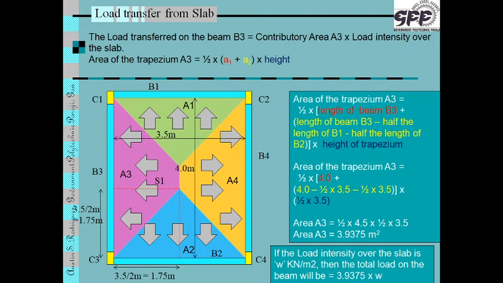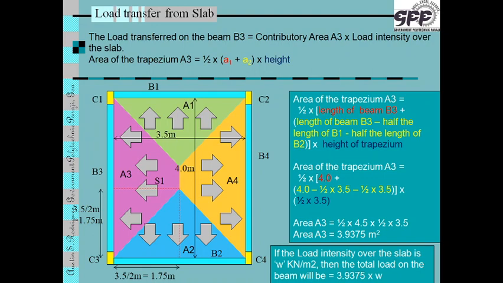A2 is the length of the beam B3 minus half the length of B1 minus half the length of B2. Close the round bracket, close the square bracket, multiplied by the height of the trapezium.